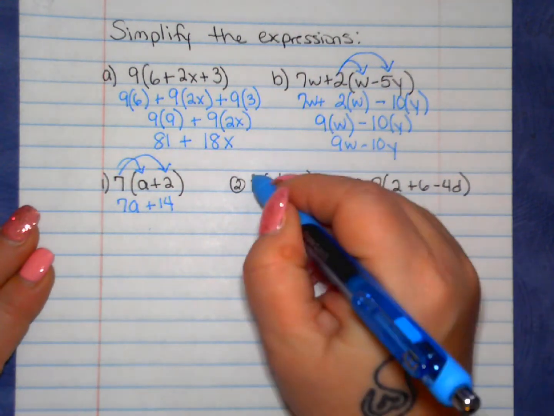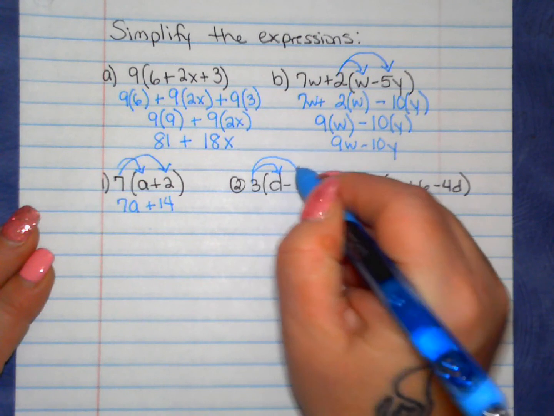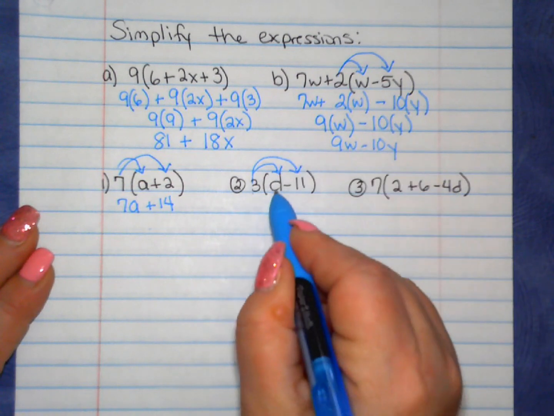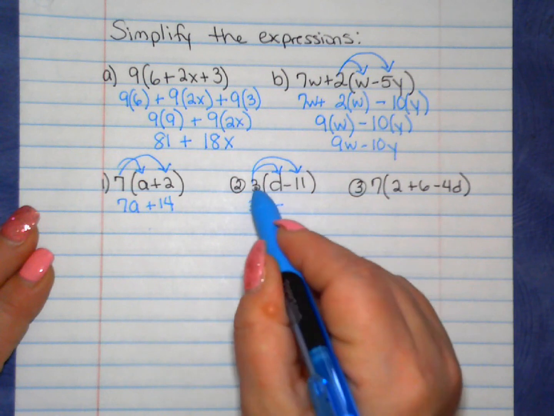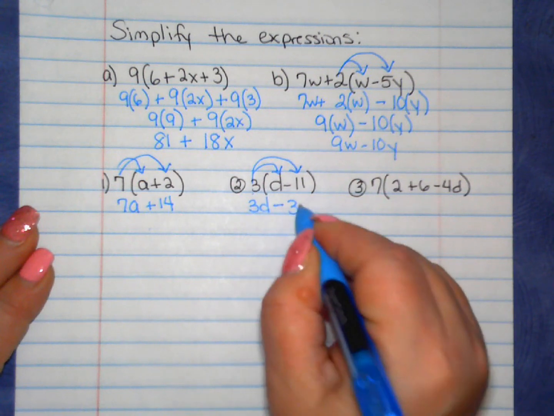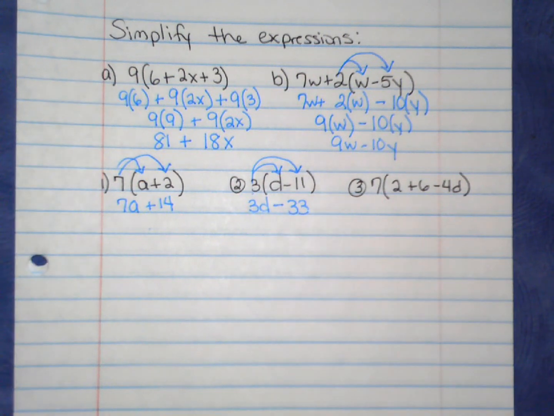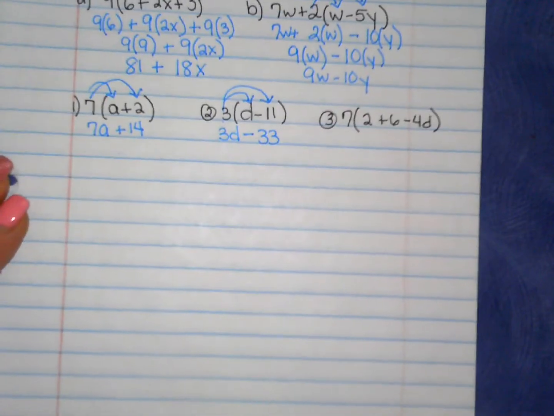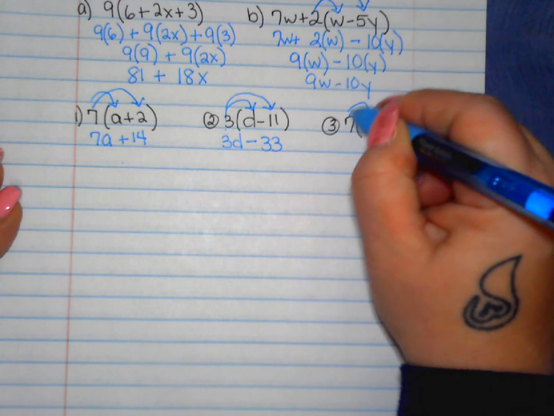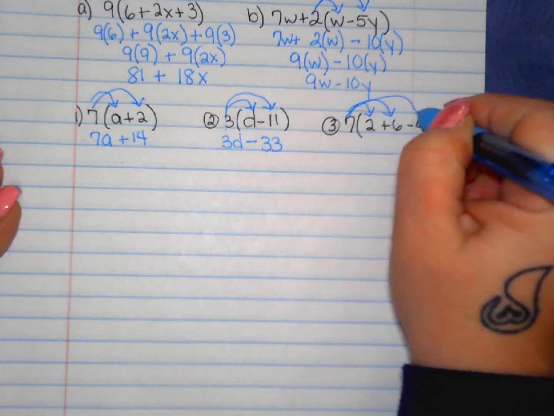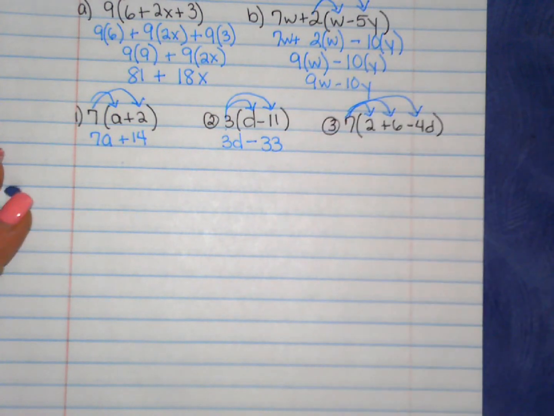Next one. 3 distributed to both terms. 3 times d is 3d. Minus 3 times 11 is 33. All right, and then my last one, I'm going to distribute the 7 to all 3 terms. Remember, you can distribute it to as many terms that are in there, okay?